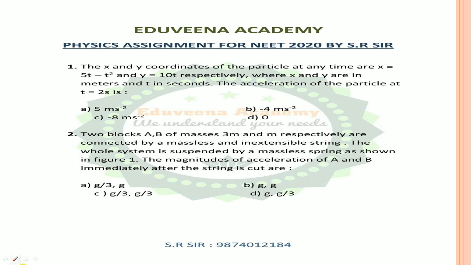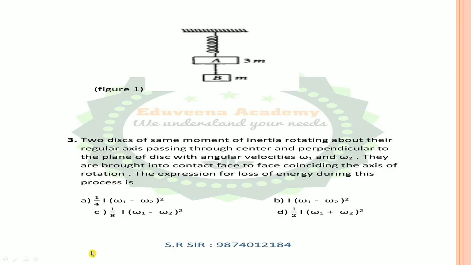Okay. Let us proceed. Sum number 3. It is told that two disks of same moment of inertia rotating about their regular axis, passing through center and perpendicular to the plane of disk with angular velocities omega 1 and omega 2, are brought into contact face to face, coinciding the axis of rotation.